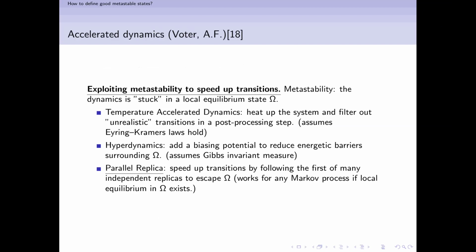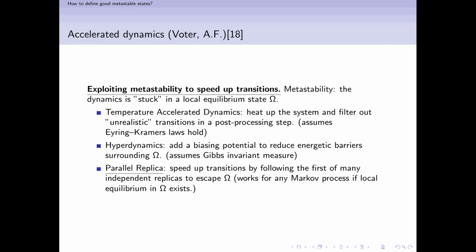The idea each time is to exploit metastability to speed up transitions. Metastability is what happens when the dynamics is stuck in a local state of configuration space, omega. Transitions out of the state are very rare events, which ideally we want to sample quicker.